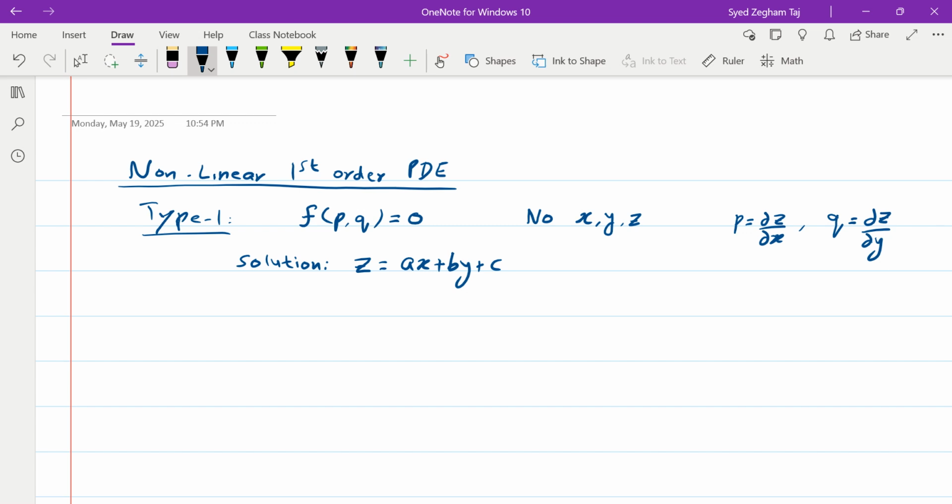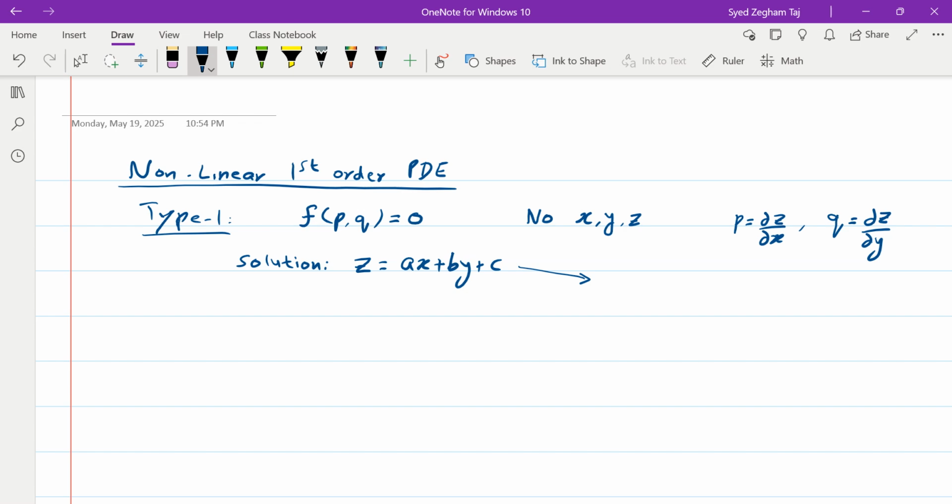Okay, this is the form of the solution. Now if you observe this solution, z is equal to ax plus by plus c, where a, b and c are some arbitrary constants.